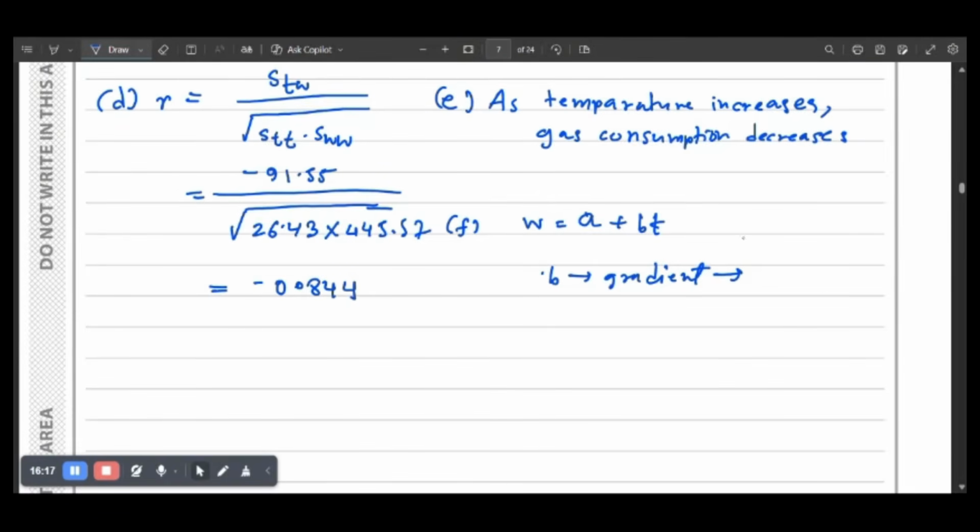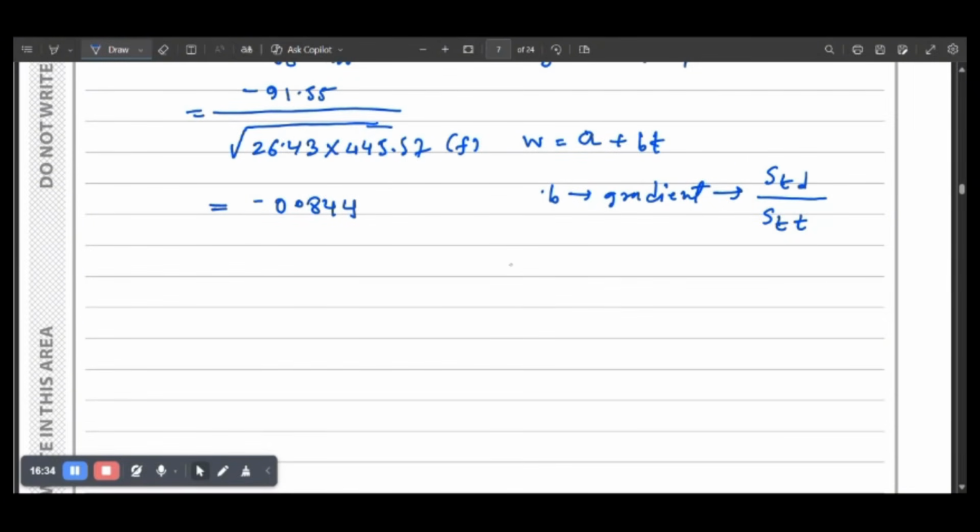As T is independent, the gradient will be calculated by STW divided by STT. This will give us the gradient for this regression line.